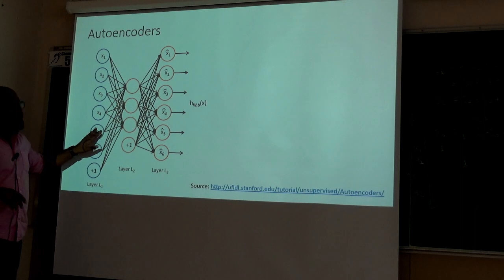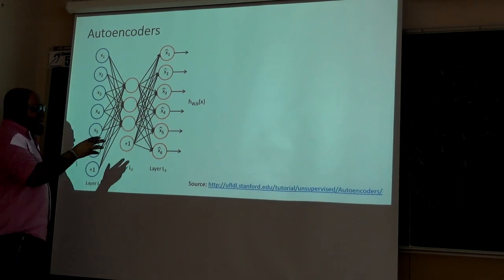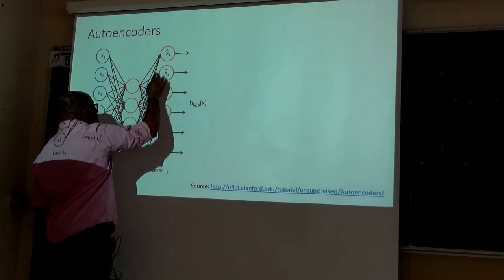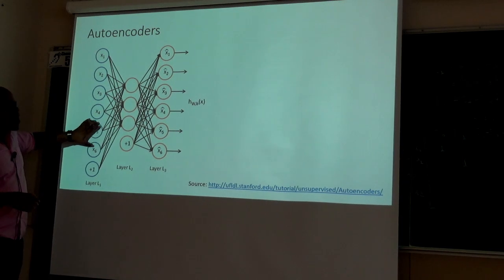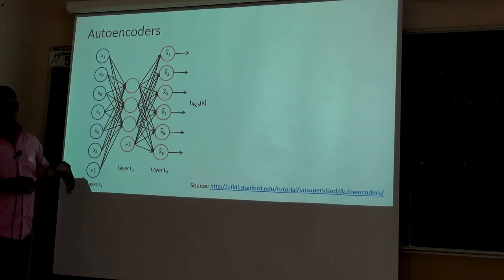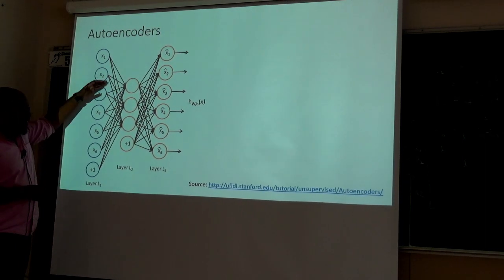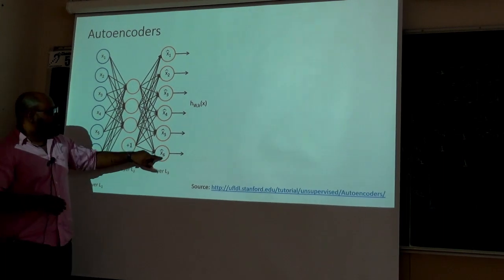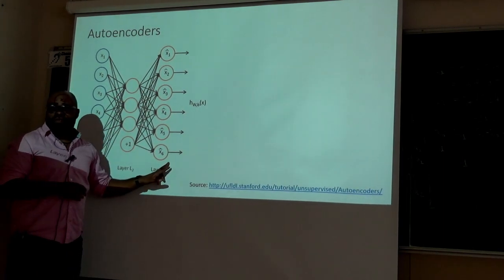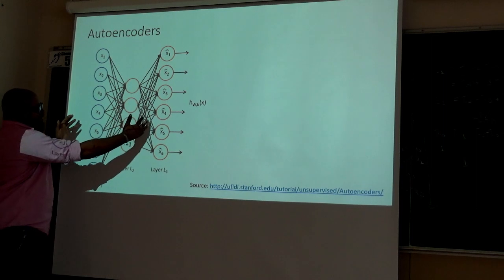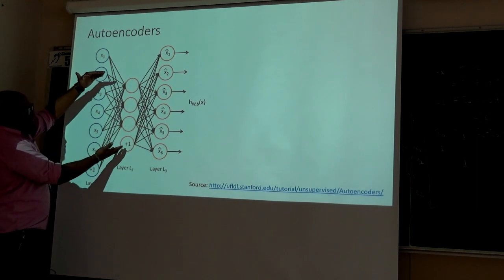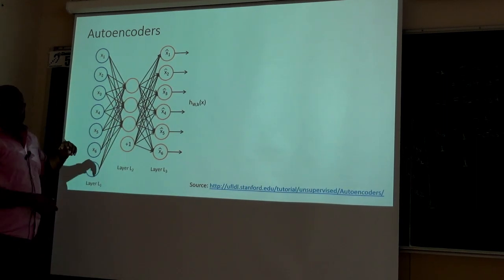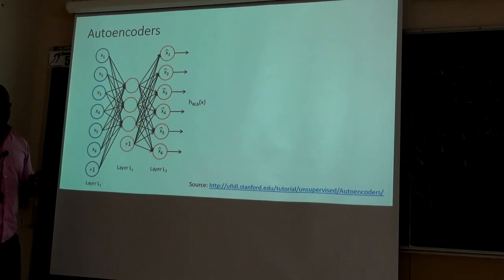Step 2, you're going to have an output layer with the same number of neurons as the input. Then you're going to have a layer in the middle that has fewer neurons than the input and the output.